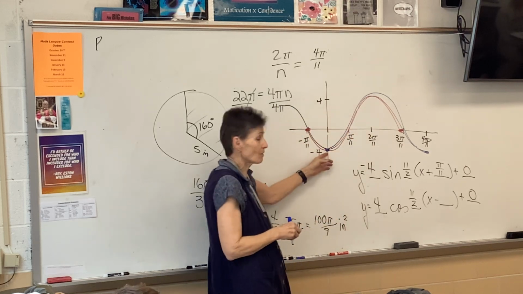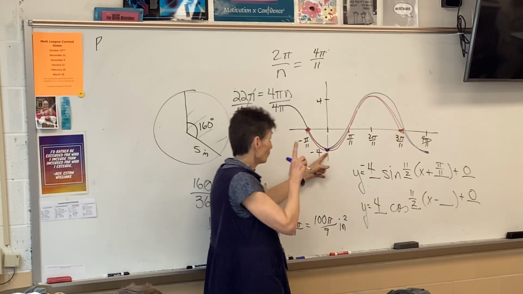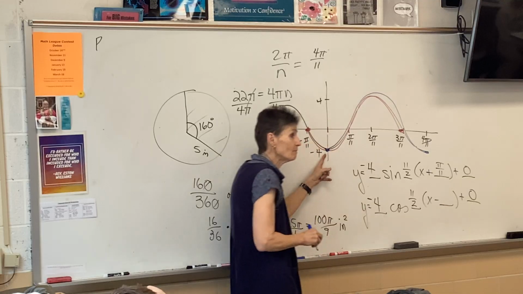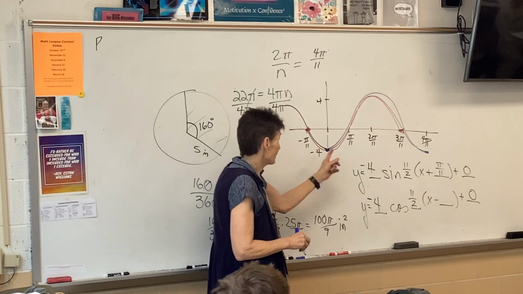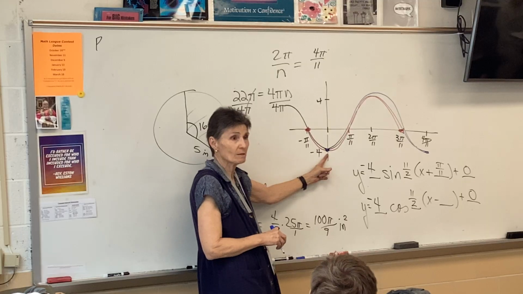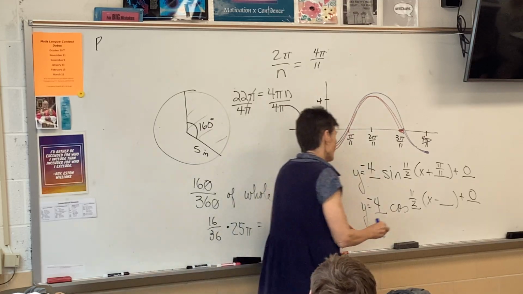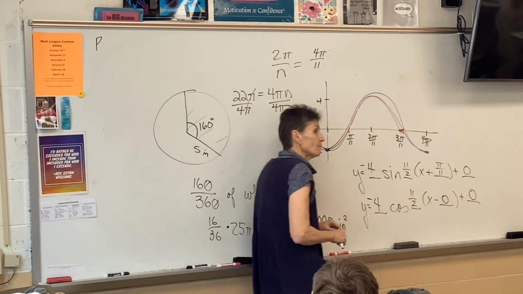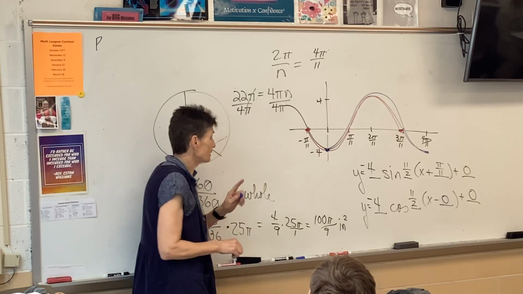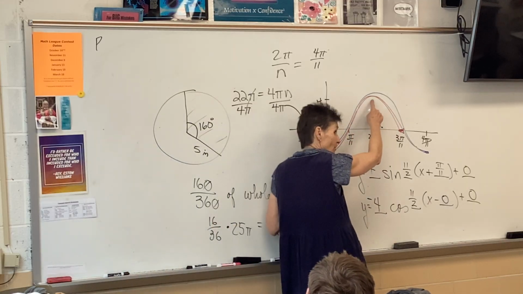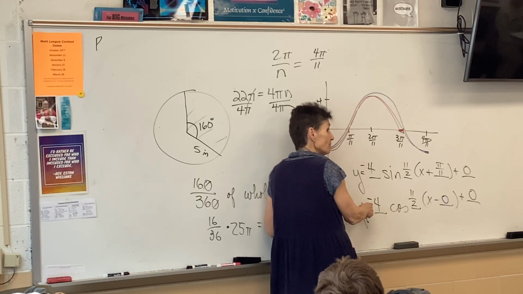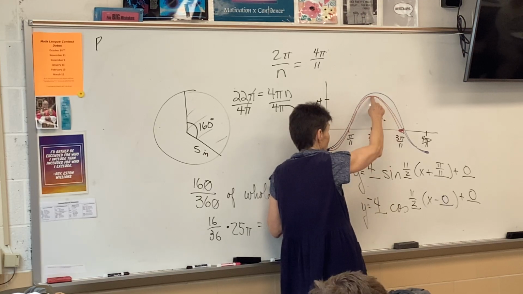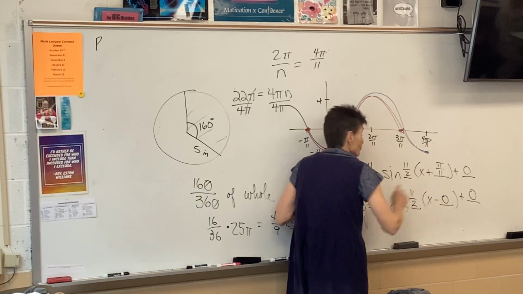I chose to start here, which again makes that negative. And guess what? Is that where it's supposed to start? Yep. So there's no horizontal shift if you start there. Now, if you started over here, then that would be a positive, and that would be minus 2 pi over 11.